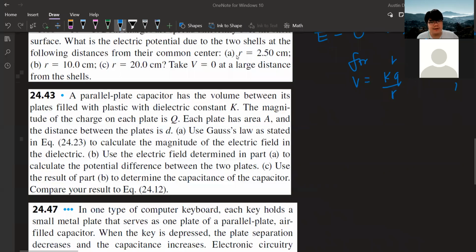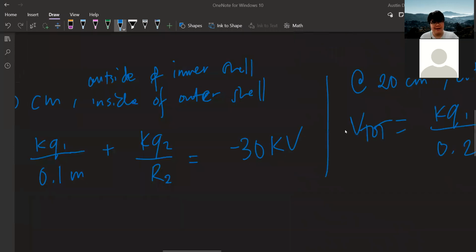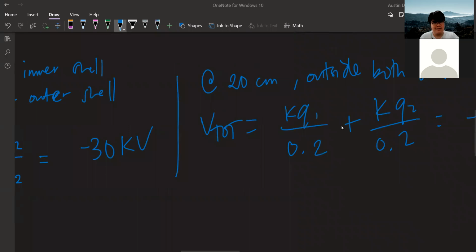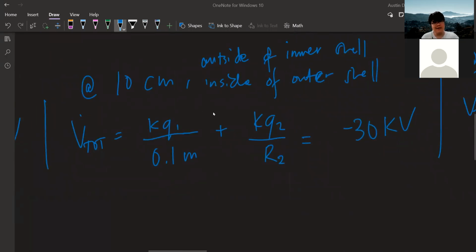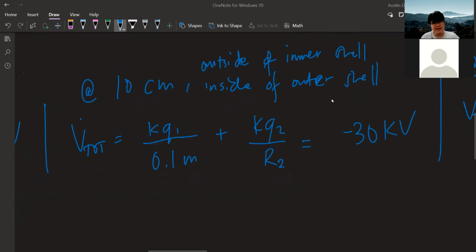Sir, tanong ko lang po, bakit hindi mas zero yung magnitude? Counterintuitive niya, no? Okay. Kasi, dito sa pangalawang tanong, we are inside the outer shell.